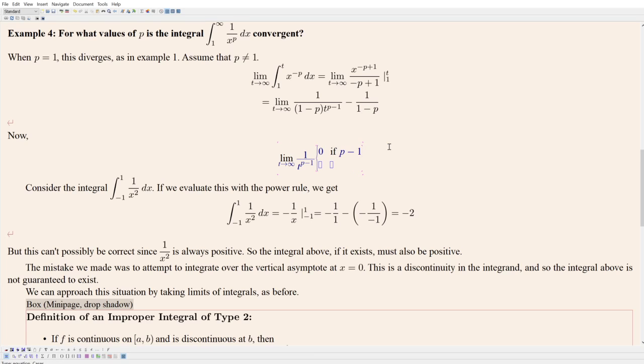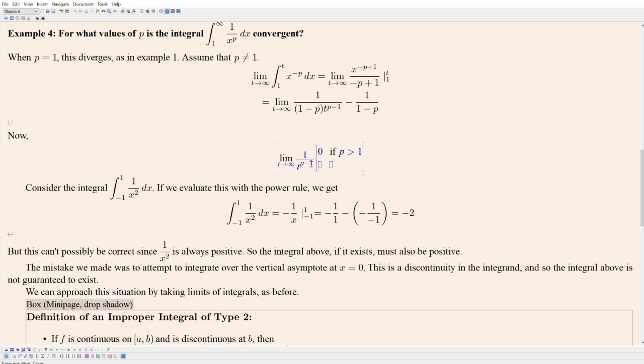So if p minus 1 is strictly greater than 0, because if it's equal to 0, then it's just 1, and it's going to be 1 forever. In which case the limit will just be 1. So that's actually going to be another special case that we need to consider. So if p minus 1 is greater than 0, well, that's the same as saying that p is greater than 1, yeah?